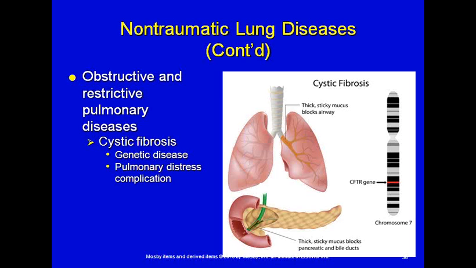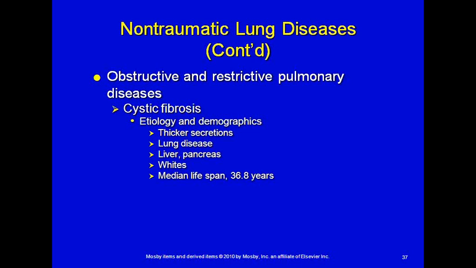Cystic fibrosis is the result of this particular gene, CFTR, on chromosome 7. With cystic fibrosis, the secretions become thicker in those airways and in those tubes. Again, it affects the lungs as well as the liver and the pancreas.